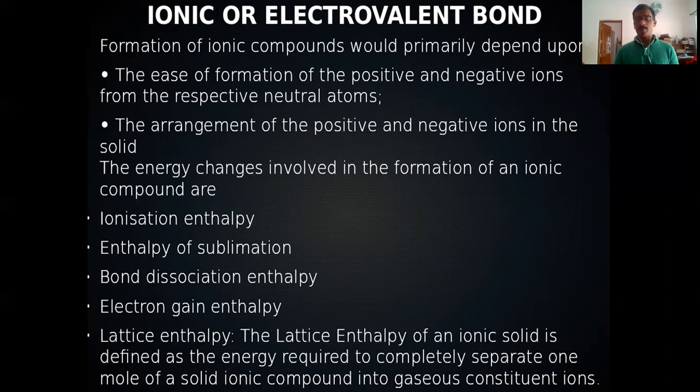Sublimation energy, ionization enthalpy, bond dissociation enthalpy, electron gain enthalpy, a number of energy changes are involved. After the formation of positive and negative ions, when they combine together, it goes to a highly stable state. As a result, a huge amount of energy is released, and that energy is lattice enthalpy.